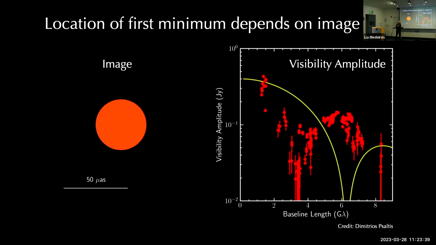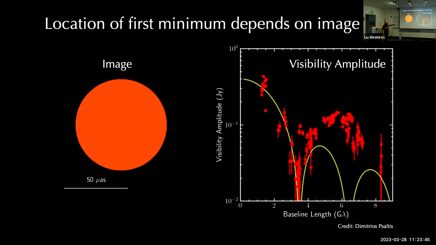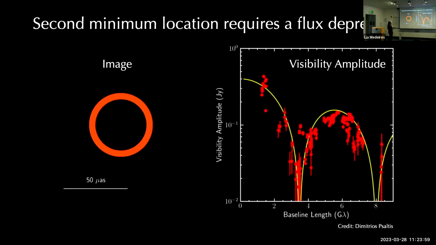And so is it possible to make a filled disk fit our data? I'm going to change the size of this, and you'll see that you are able to approximate the location of this first minimum, but you do a really terrible job with this second peak here, right? And also the location of where we think the second minimum should be is completely off. And so if I add a hole to the center of my disk, I do a much better job.